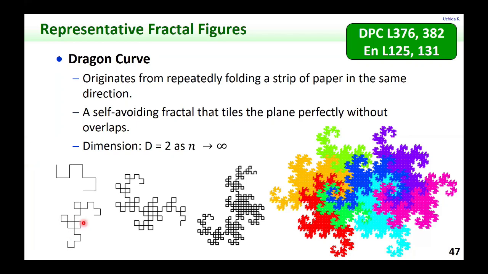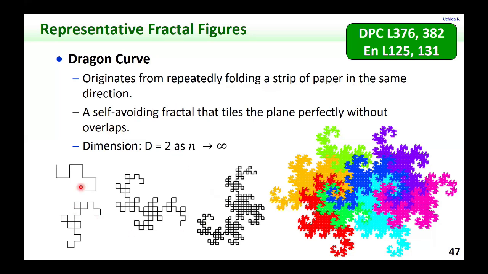So dragon curve of level 2, level 3 is like this, level 5 is like this, level 7 is like this, level 9 is like this. So now we see this is like a dragon. And interestingly, it originates from repeatedly folding a strip of paper in the same direction.